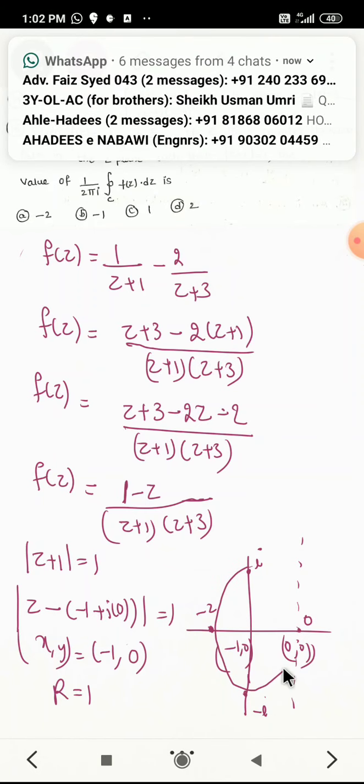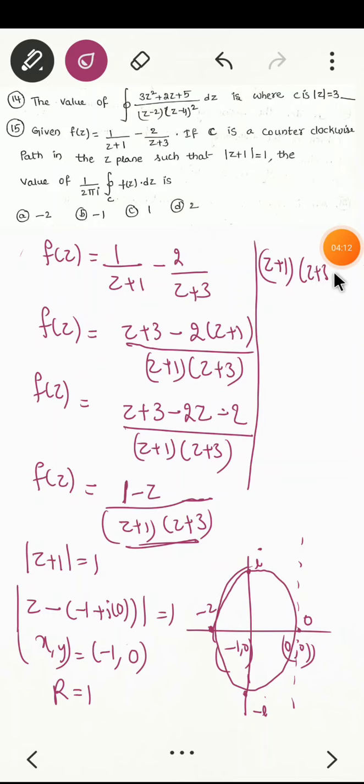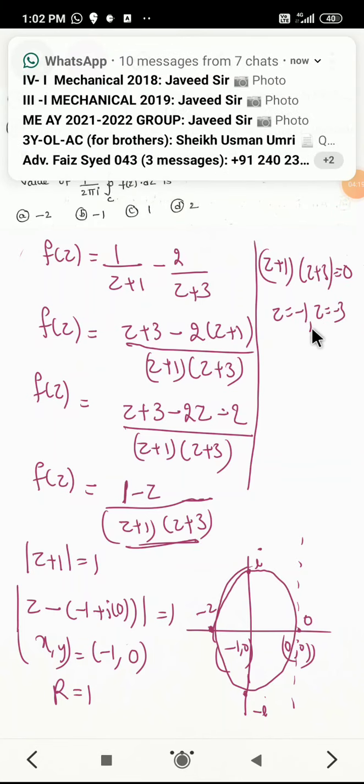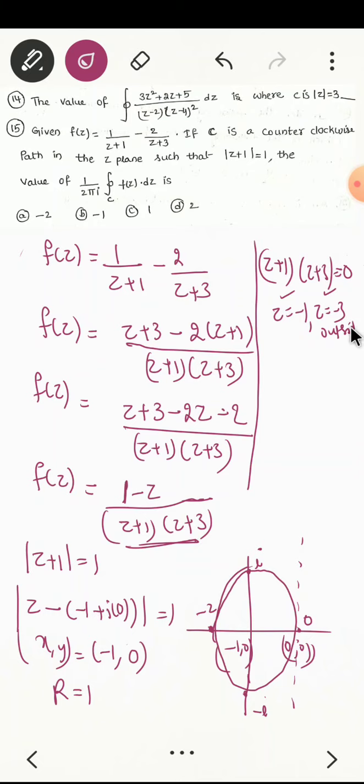This is a circle, not an ellipse. Then check whether the points are inside or outside. z plus 1 and z plus 3 equal to 0: z equal to minus 1 and z equal to minus 3. z equal to minus 1 is inside; z equal to minus 3 is outside. So send this one up and this one down.